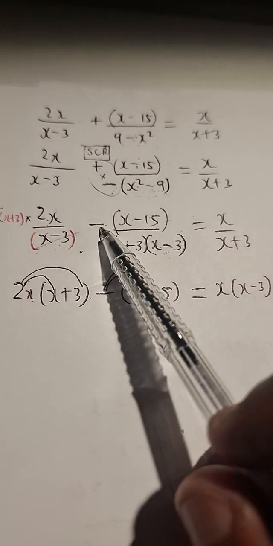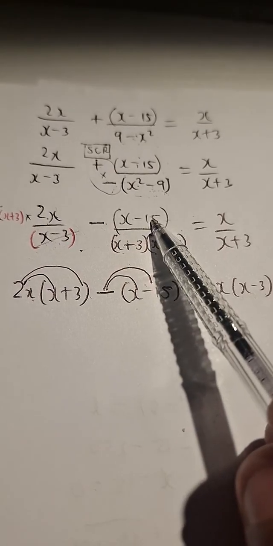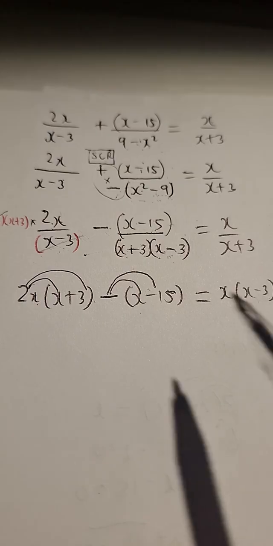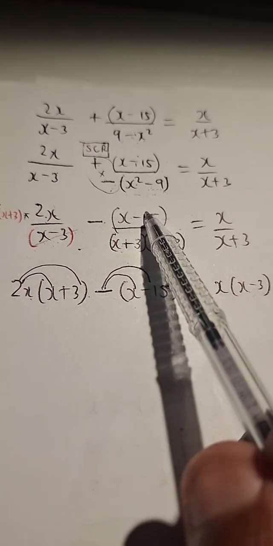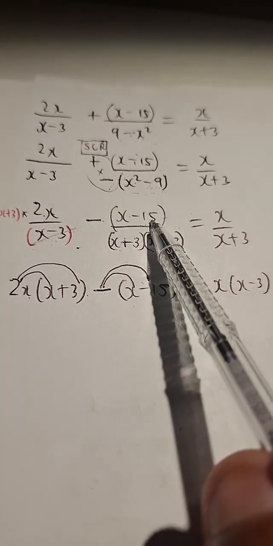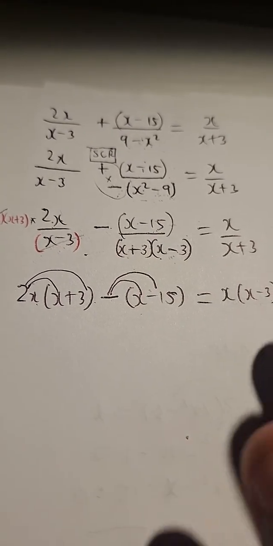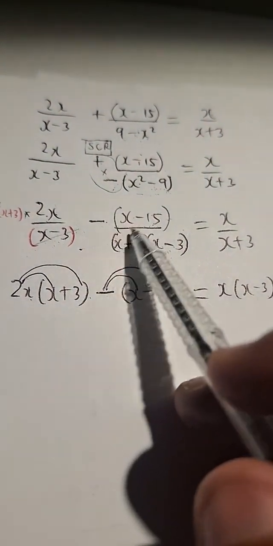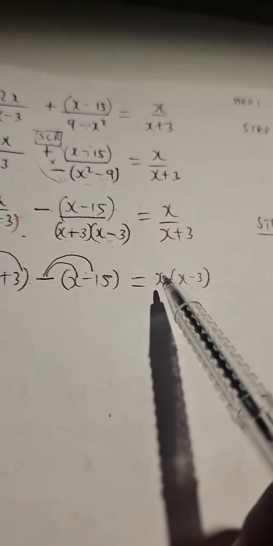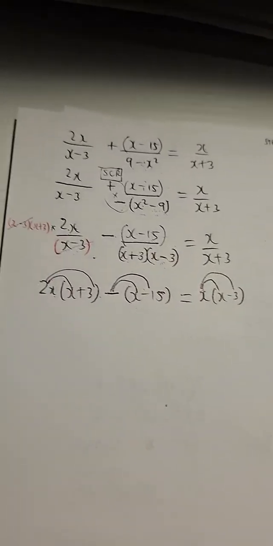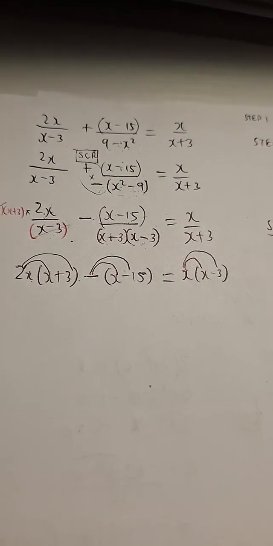So they leave that negative next to x alone, and then the negative 15 stays negative 15. So that is a dangerous thing that can happen if you omit to put brackets. So that's why I'm saying in the numerator, if you have 2 terms, 3 terms, please put brackets around them. Okay, then we are going to distribute that with that as well, and then get it to standard form.